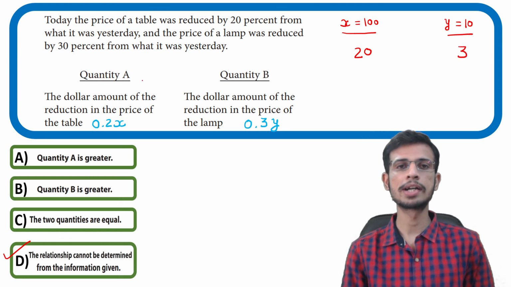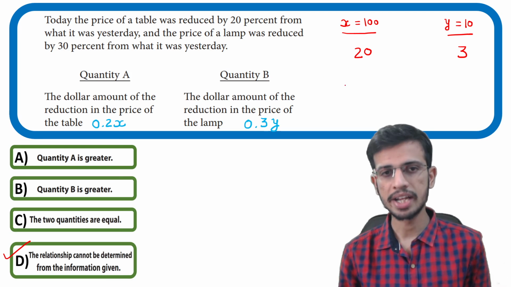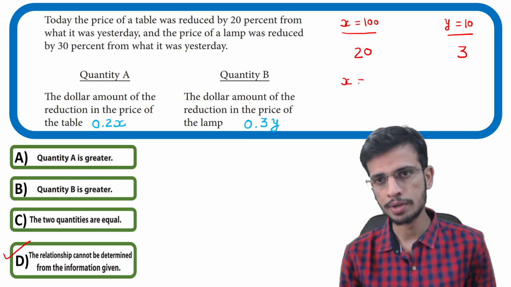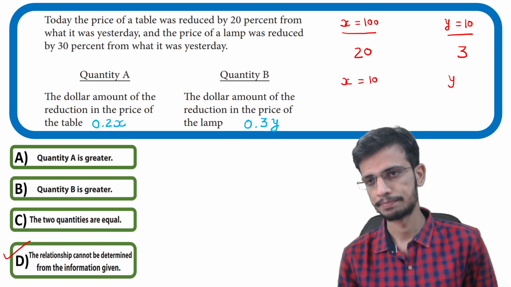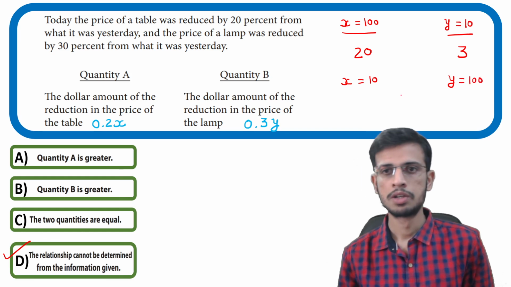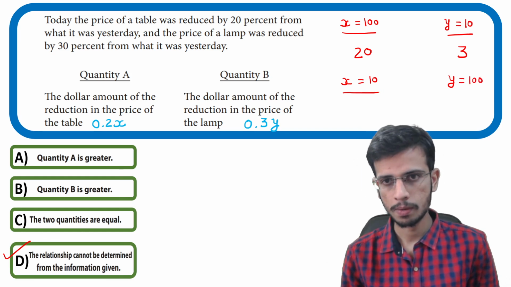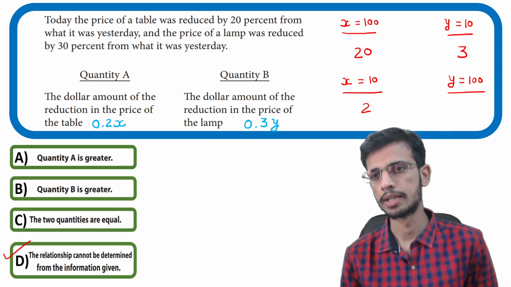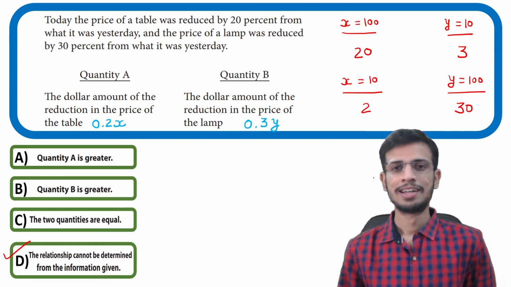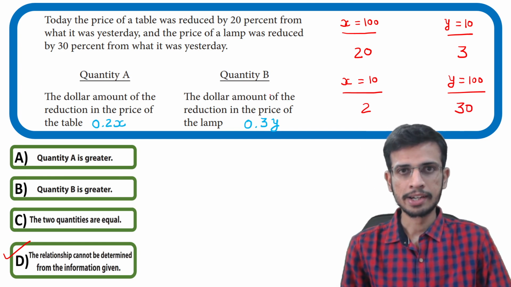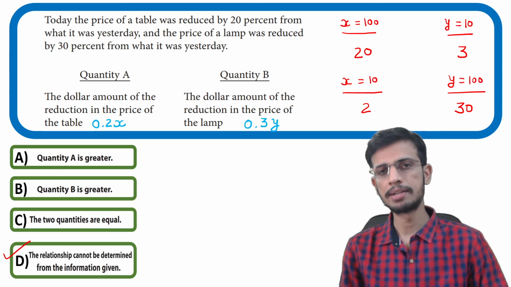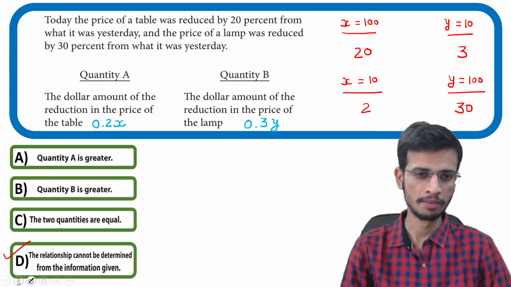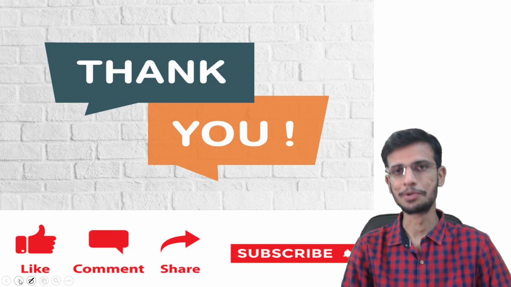We'll say quantity A is greater than quantity B. But if you put X equal to 10 and Y equal to 100, quantity A will become 2 and quantity B will be 8. The relationship cannot be determined from the information given. Option D will be our correct answer for this question.